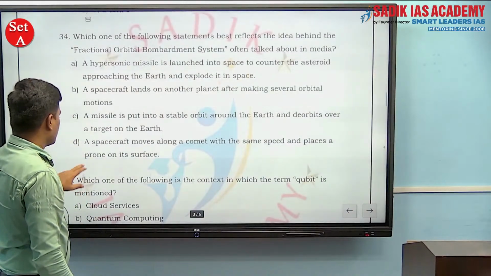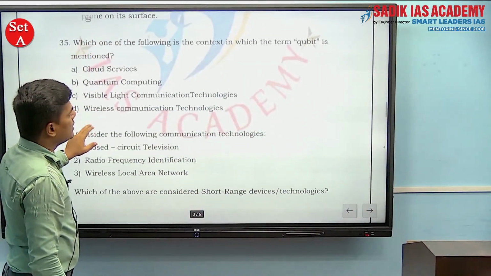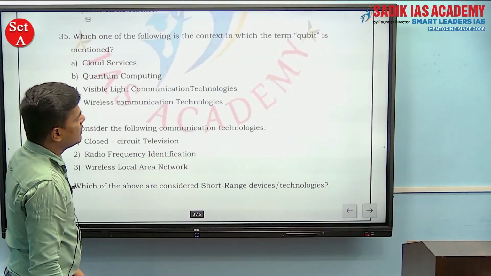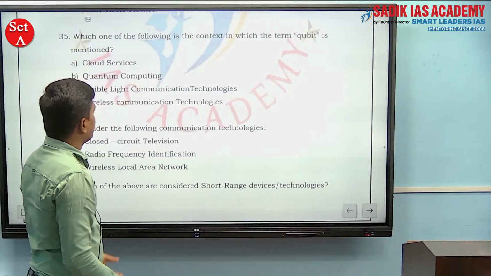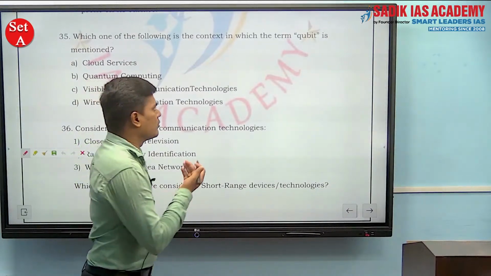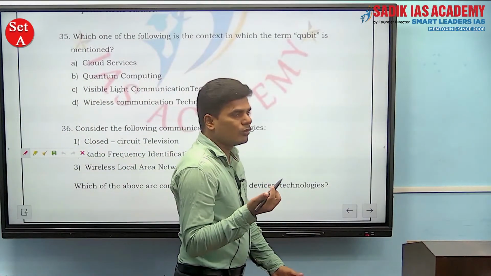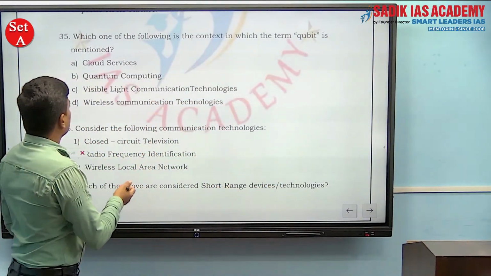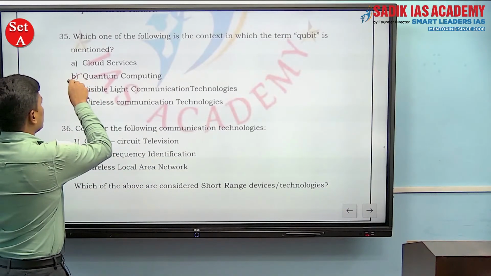And the 35th question: which one of the following is the context in which the term qubit is mentioned? Qubit, I have discussed many times in the class also. By just seeing the option, it is related to quantum computing.